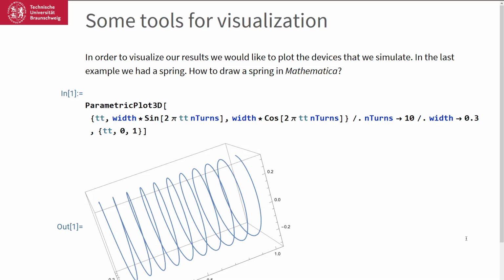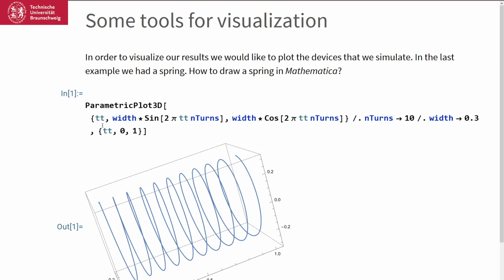So we have a circle which we can write as a sine and a cosine, and this goes along the x-axis, which is just a linear function.